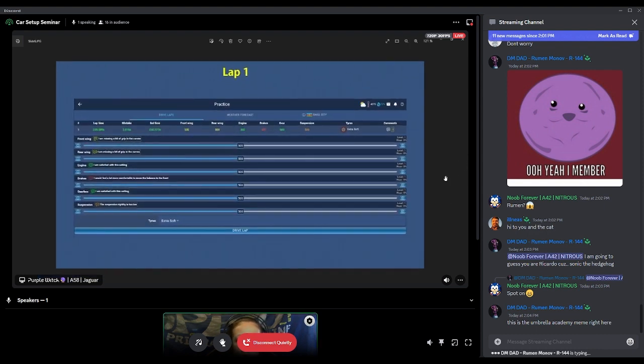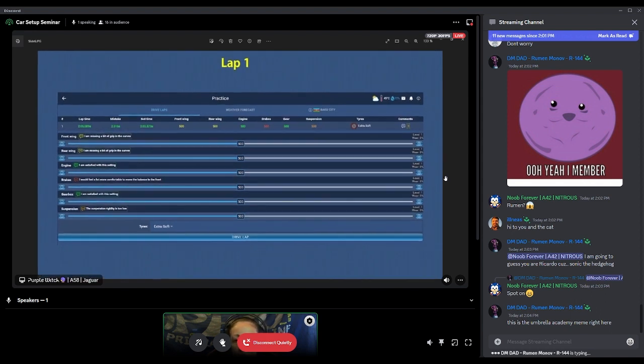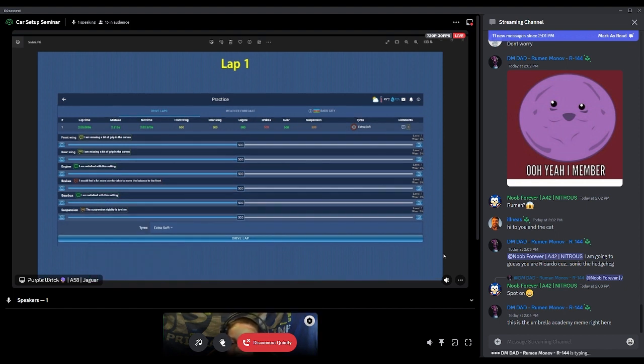And we are going to start with the driver using all the parts at 500. This is lap number 1, using the values of 500 that I picked for this driver. So what happens here?